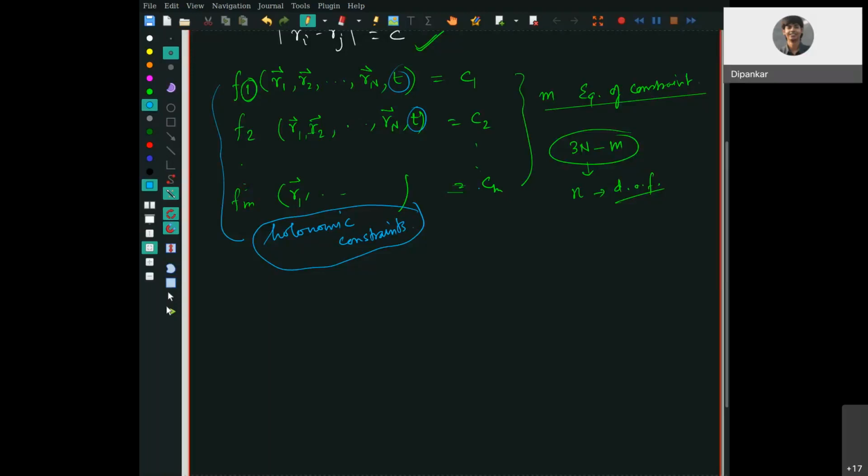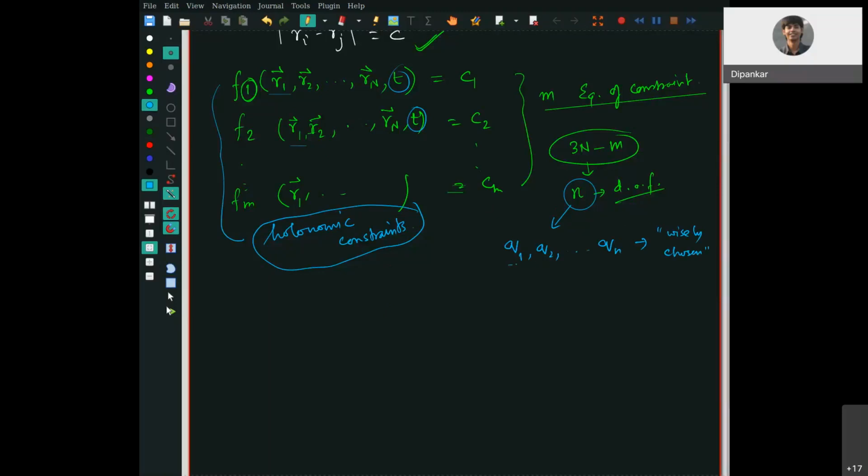Now, actually, you can go one step further. Since I have n degrees of freedom now, I can have n number of suitably defined coordinates that I denote by, say, q1, q2, up to qn. Since I already have n degrees of freedom, I can wisely choose them.